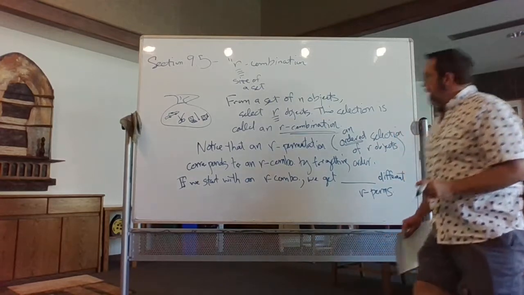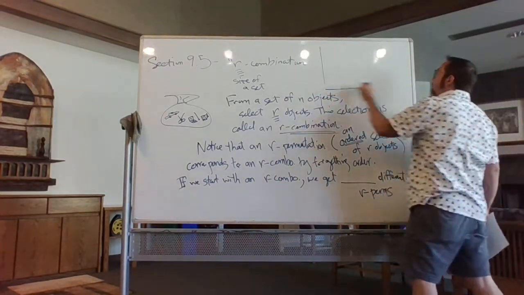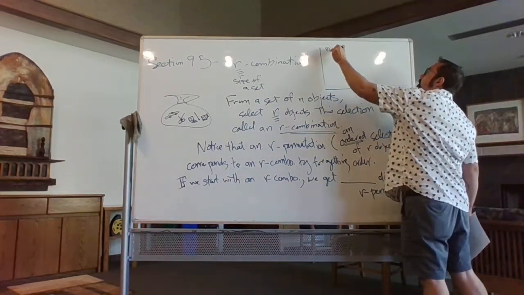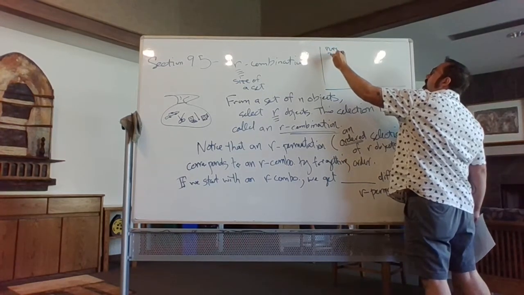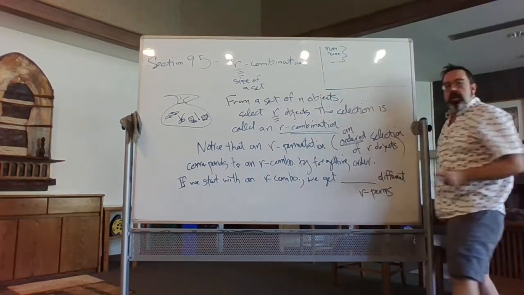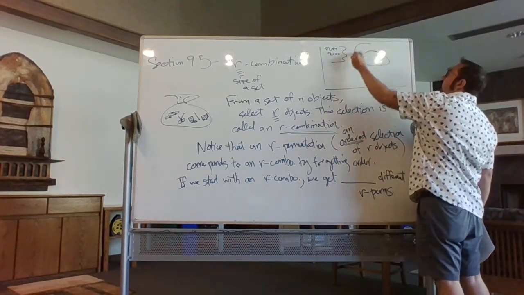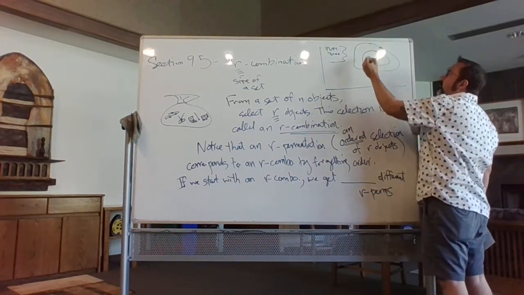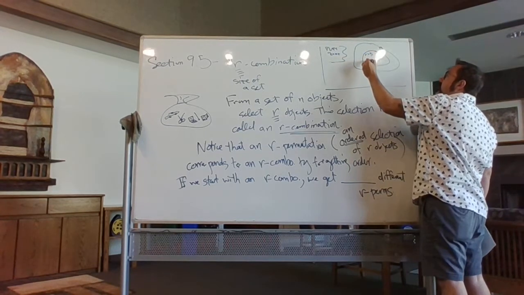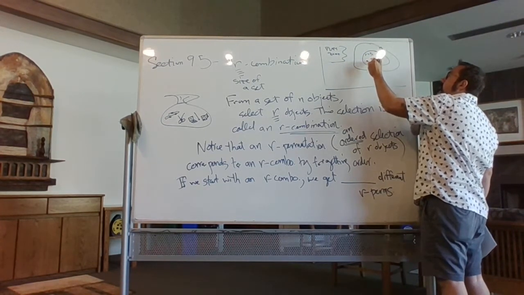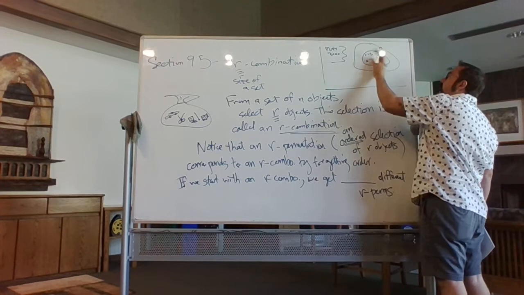Well, let's see if we can figure that out. Here's an example. I'll just play around up here. This is our play zone. Let's say, for instance, I've got 5 objects. So inside of a larger collection of n objects, I've picked R equals 5 objects. I'm going to make them slightly different shapes from each other.